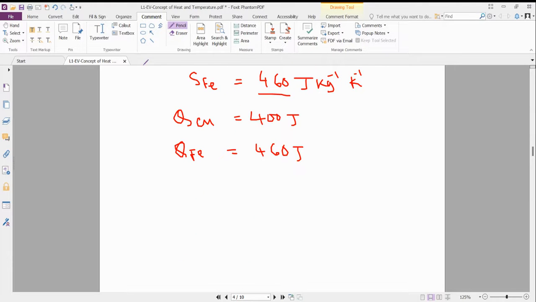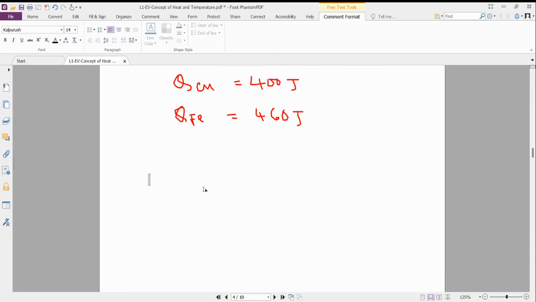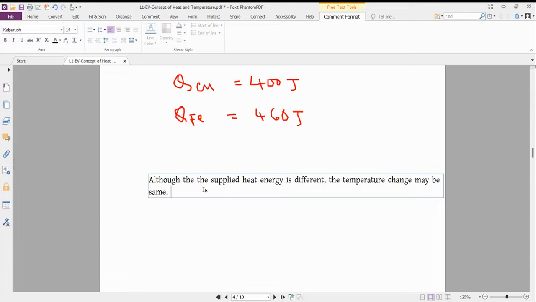Okay, that means we can write that although the supplied heat energy is different, the temperature change may be same. Condition is that the material should be different. Okay?